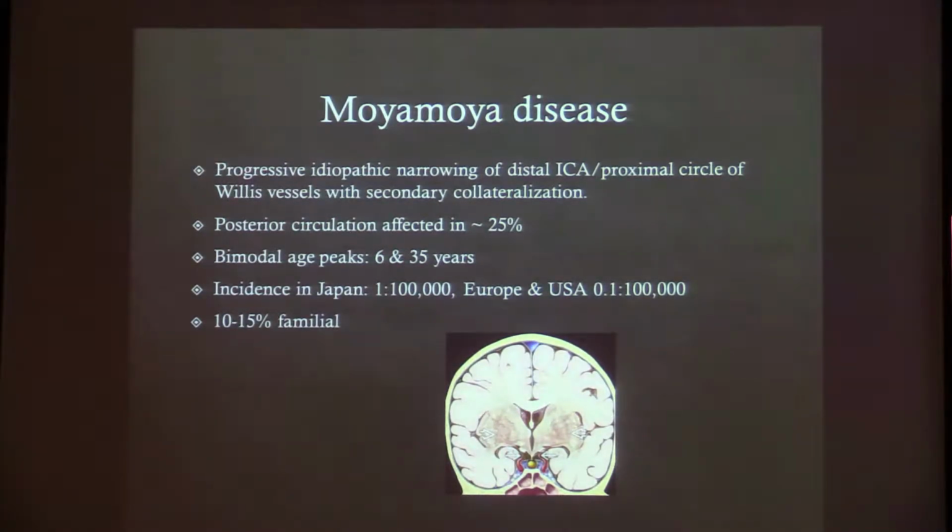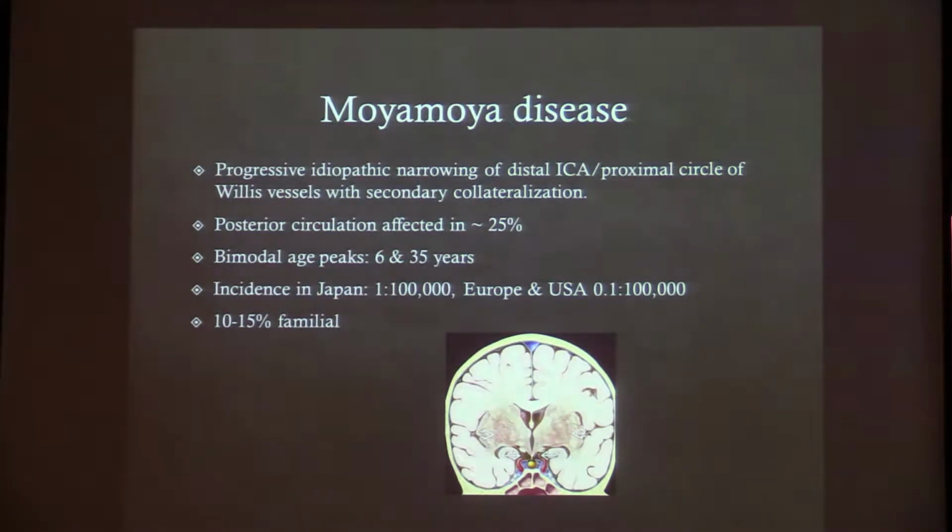So Moyamoya disease is a progressive idiopathic narrowing of the supraclinoid, distal internal carotid arteries in most cases, and in some cases we could see narrowing of other proximal arteries of the circle of Willis, and later formation of secondary collateral vessels. In the advanced stages we could also see pial collateral vessels.